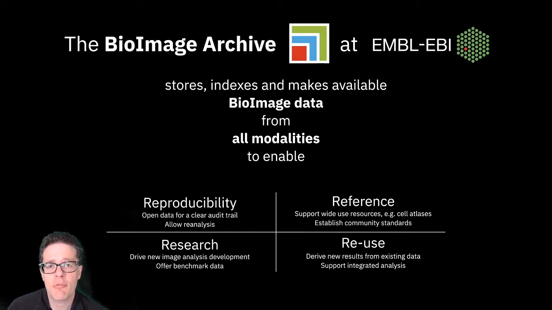So the BioImage Archive is a resource hosted at EMBL EBI that takes bioimaging data for the scientific community with a very broad scope, which I'll get onto in a minute, and with the intention of helping science in four main ways.